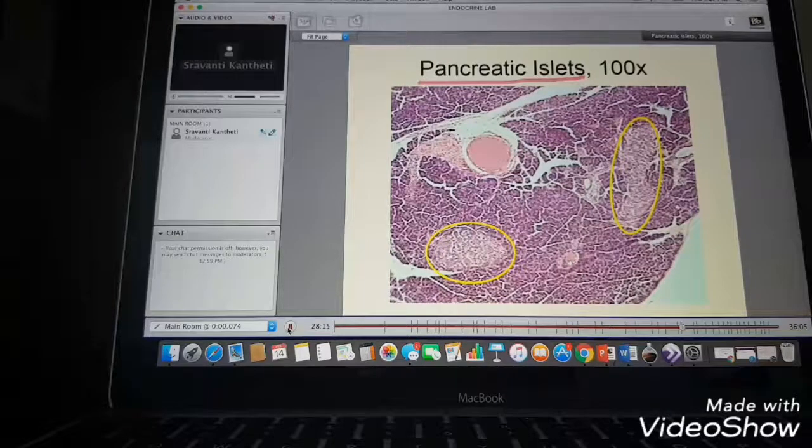However, the endocrine part has specific cells within the pancreas called the pancreatic islets. And those are known as the islets of Langerhans. All right, I'm going to write that.